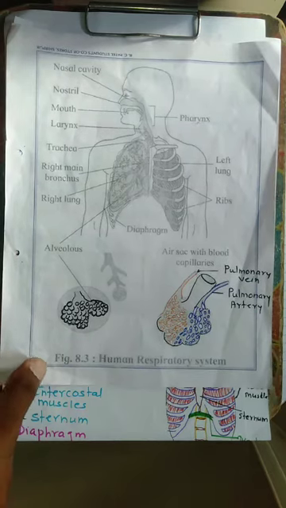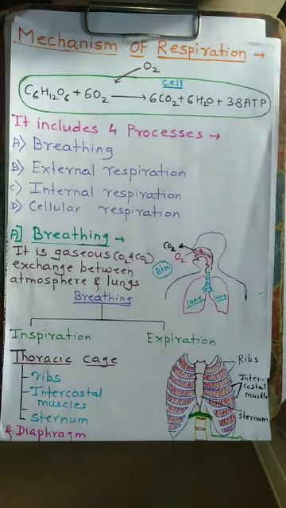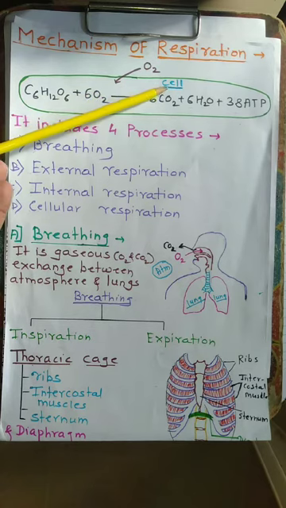Okay. Now, today in this video we have to start with the next topic. The next topic is the mechanism of respiration. In the first lecture we already studied the concept and definition of respiration. During respiration, we take in oxygen. This oxygen enters the body cell.